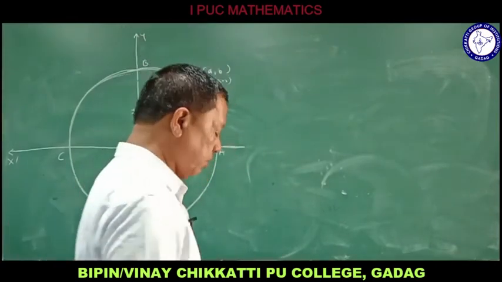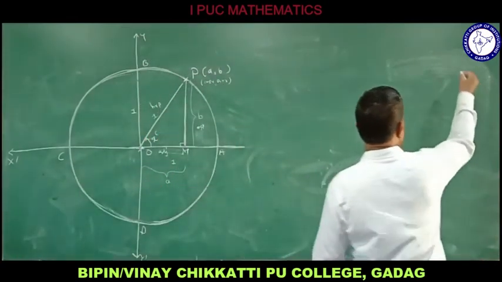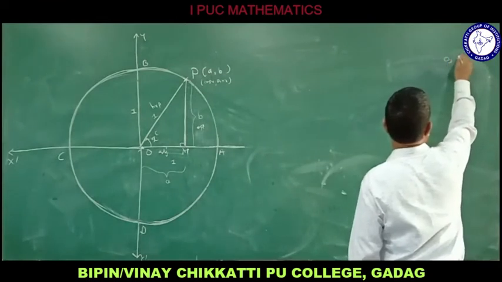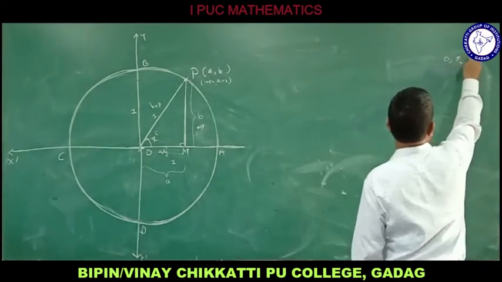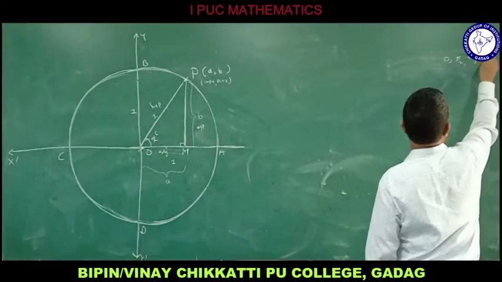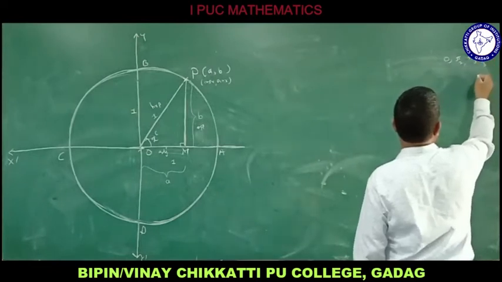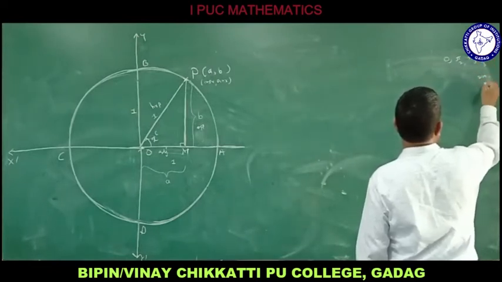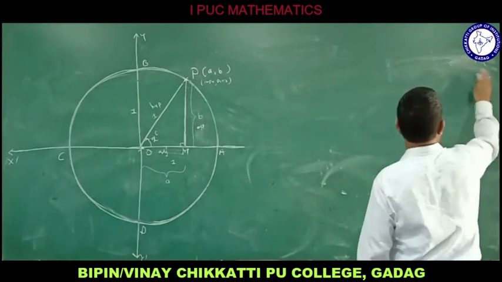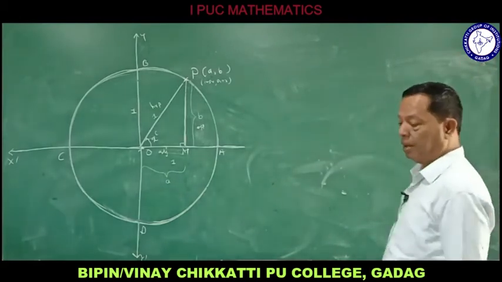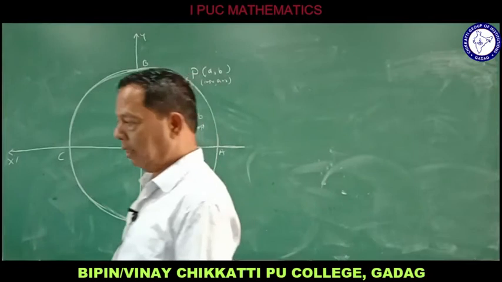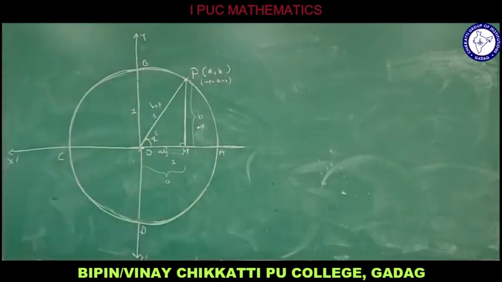Quadrant angles means multiples of 90 degrees: 0, pi by 2, pi, 3 pi by 2 and 2 pi. That is quadrant angles, multiples of 90 degrees. So that part I have to explain here in this figure.